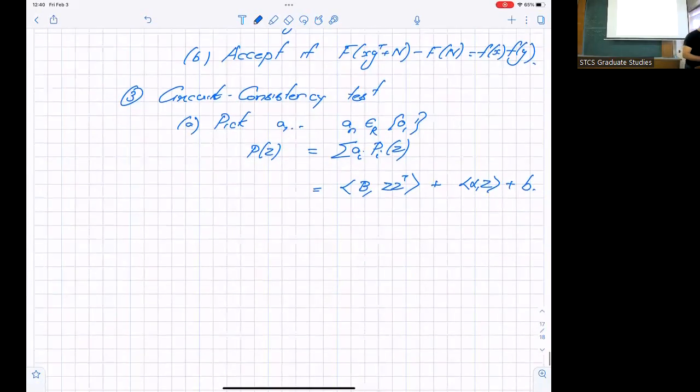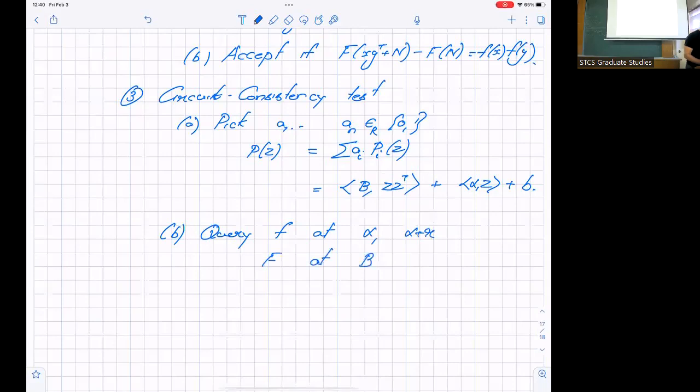So query F at alpha and alpha plus R, capital F at B and B plus N. Here R is a random {0,1}^n, N is a random {0,1}^(n squared).